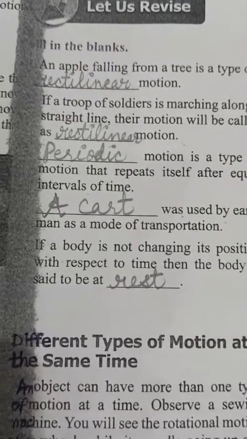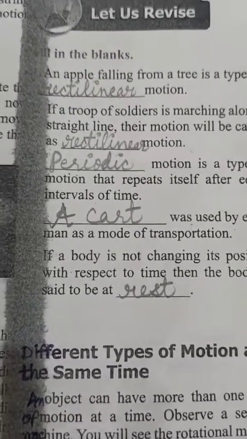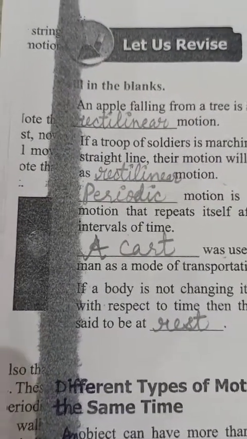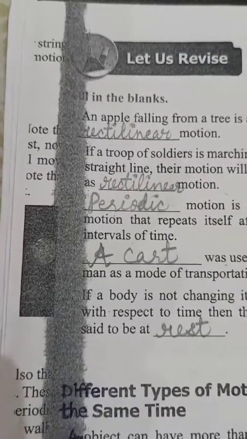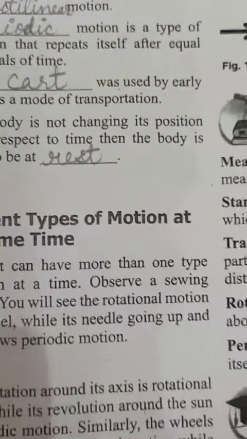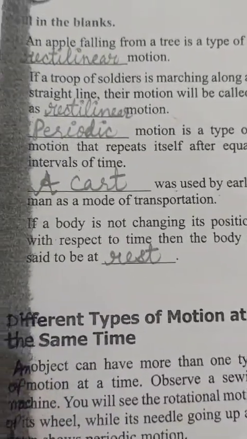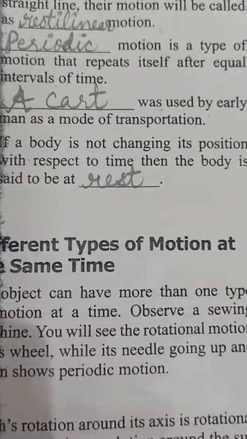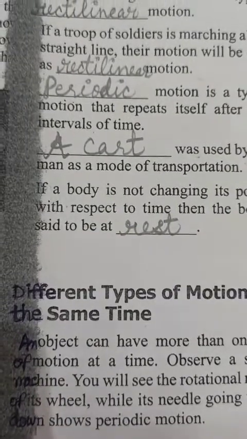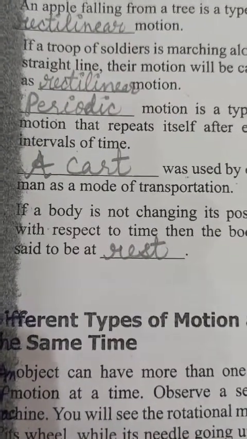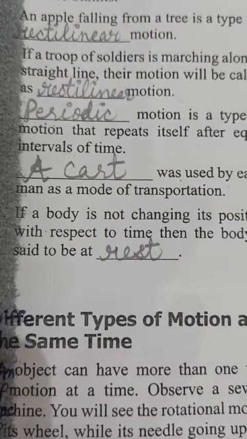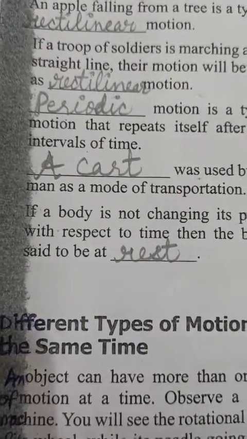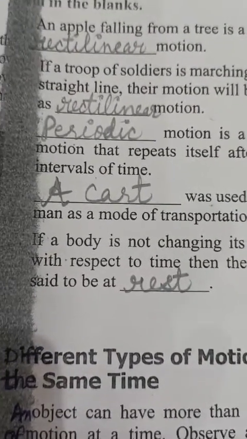So we have completed all the topics, and one assignment is there, so you complete that. And the exercise part, you know children, exercise is always given inside the chapter and after the chapter. So we will complete the exercise given in between, and the one given after the completion of the chapter, in the next class.